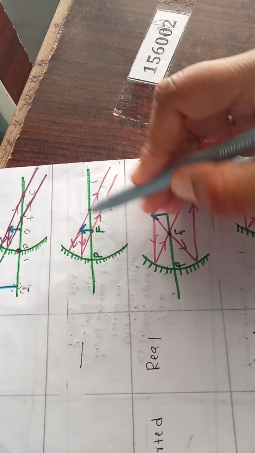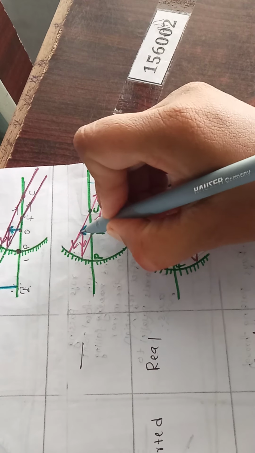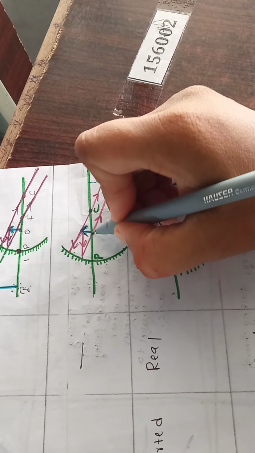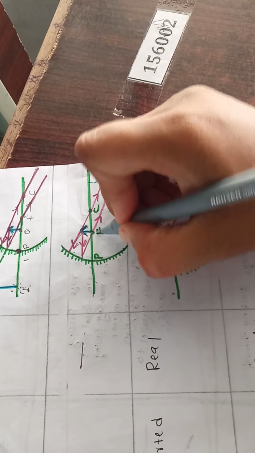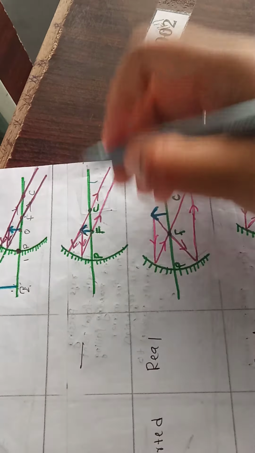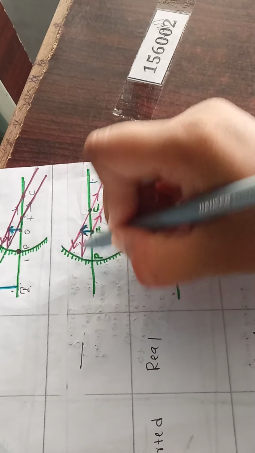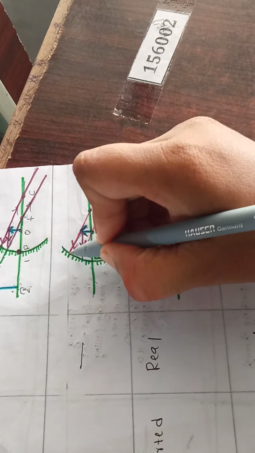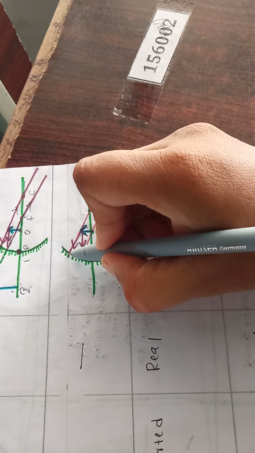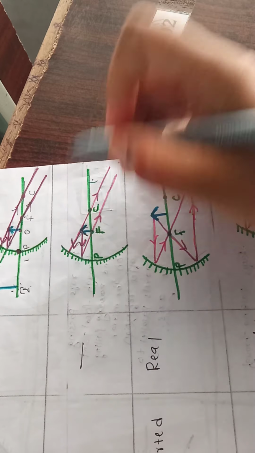Now here what we did, we placed the object. This arrow mark is the object. We placed the object at a focus point, principal focus. And now this is the principal axis. Now these are the rays. They are incident on the mirror, concave mirror.